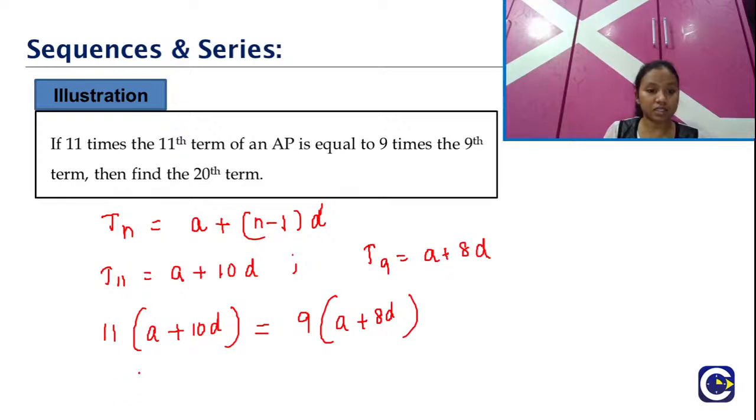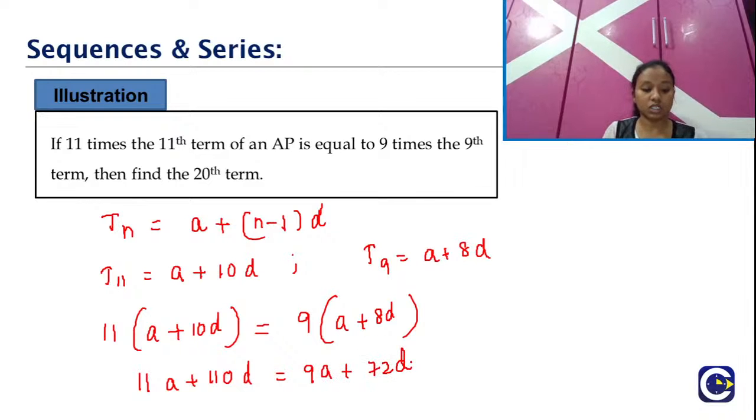So let's expand this. 11a plus 110d equals 9a plus 72d. So 11a minus 9a will be equal to 72d minus 110d.